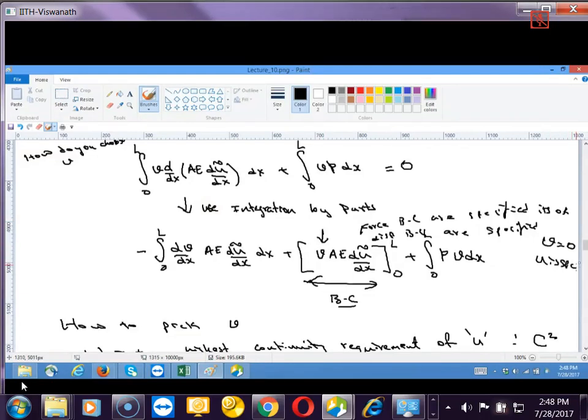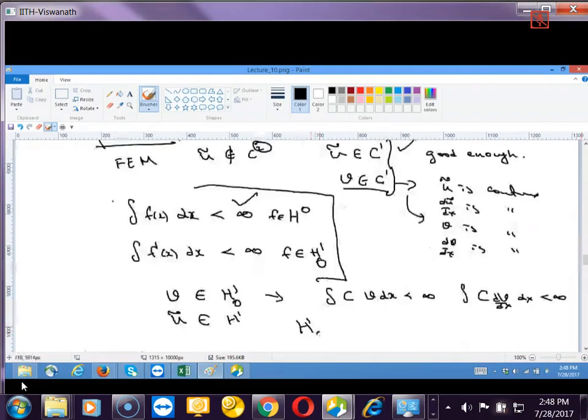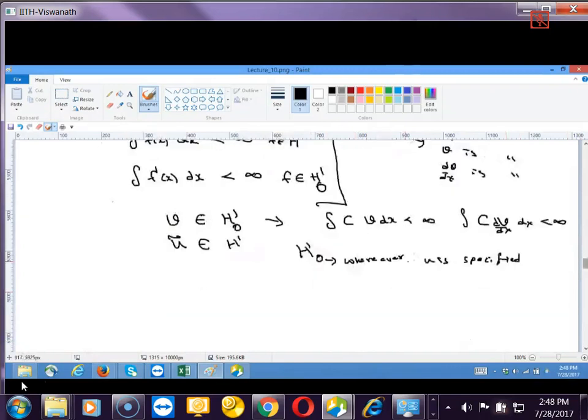That means there is another 0 at the bottom of this symbol. This 0 says that wherever U is specified, V should always be equal to 0.